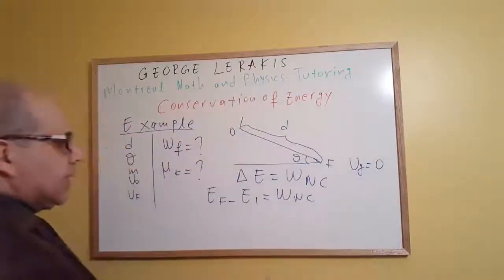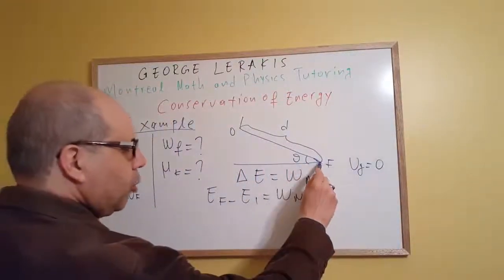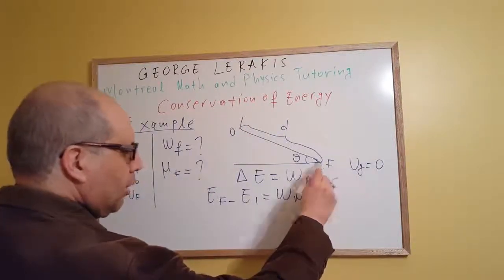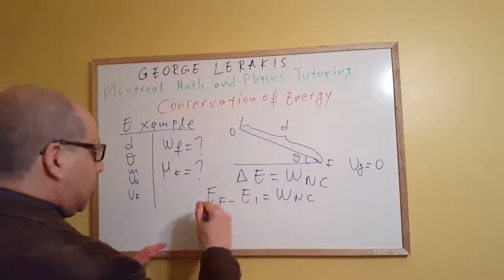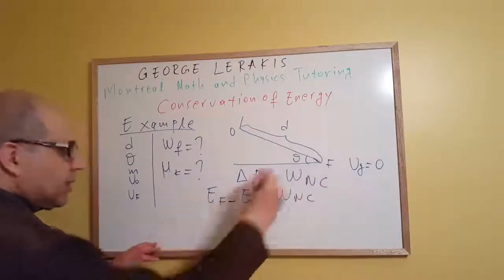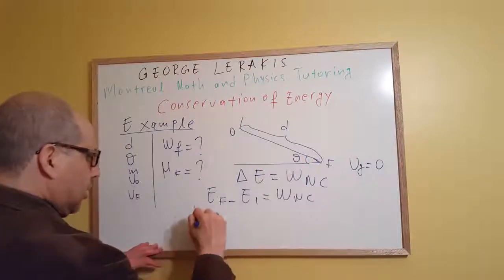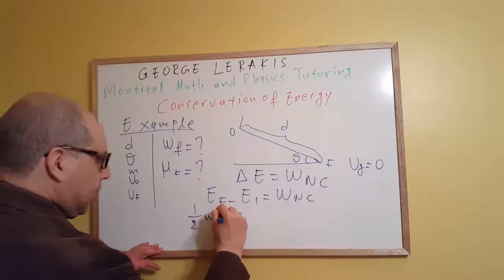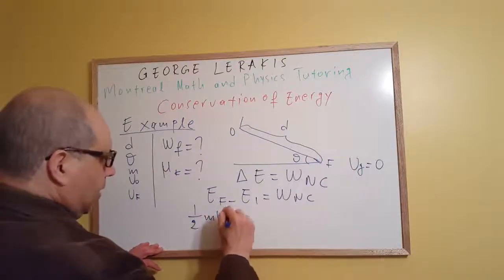So that means that in this point we have no potential energy, and so the only other energy we can have is kinetic energy. So the kinetic energy at point F will be 1/2 m v final square.